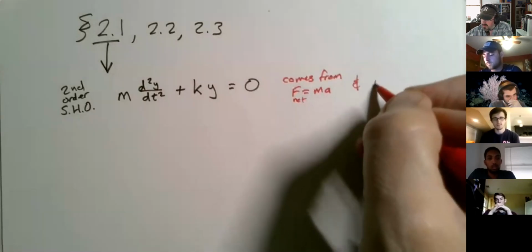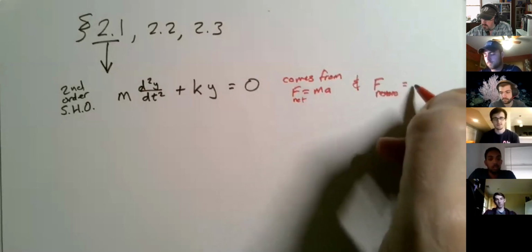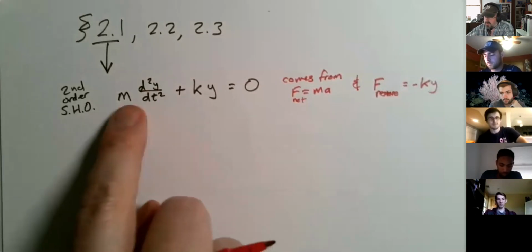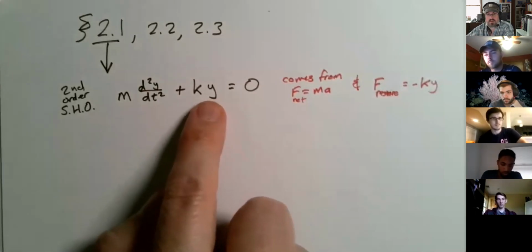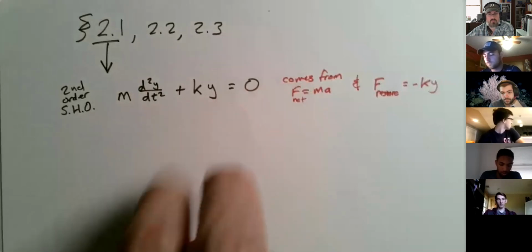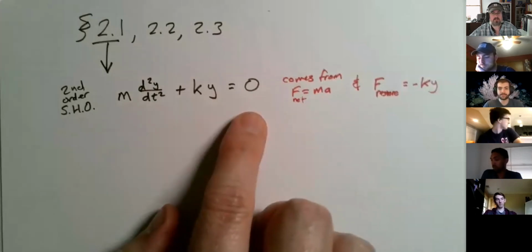And the other equation is the restorative force is equal to negative k times y. So this is the F equals ma part. This is the k times y part. It was on the other side. We moved it over here and made it positive. So this is our second order differential equation.